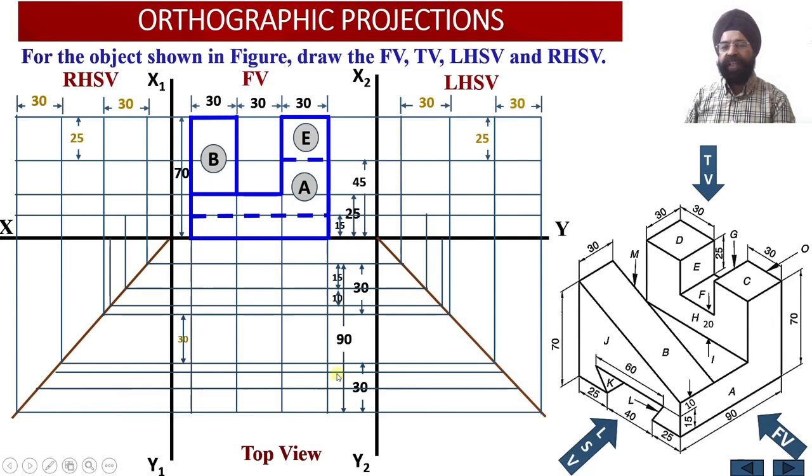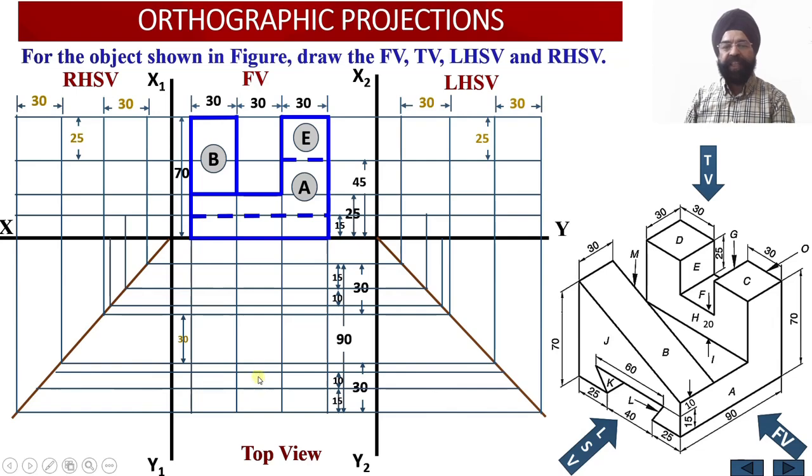This line has been drawn at a distance of 25 millimeter, and this projection line has been drawn at a distance of 15 millimeter. It means on this projection line my top point of this angular slot will be lying, and on this line, which is lying at a distance of 25 millimeter from the front face, I am going to locate the bottom point of this angular slot corresponding to the front face, right?